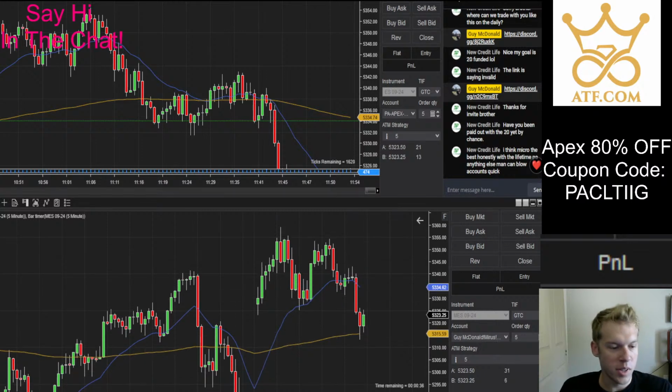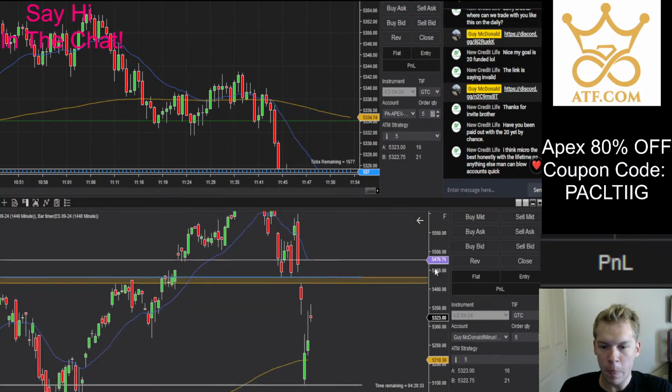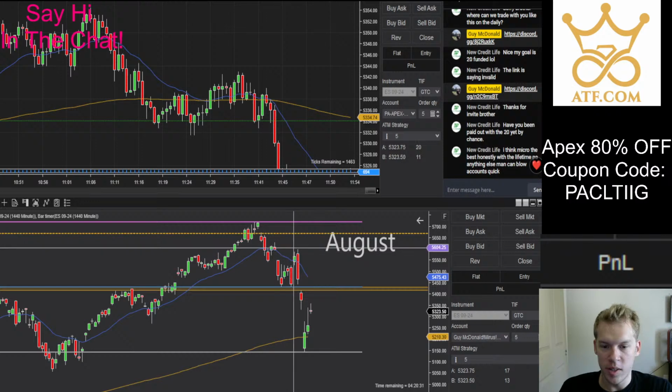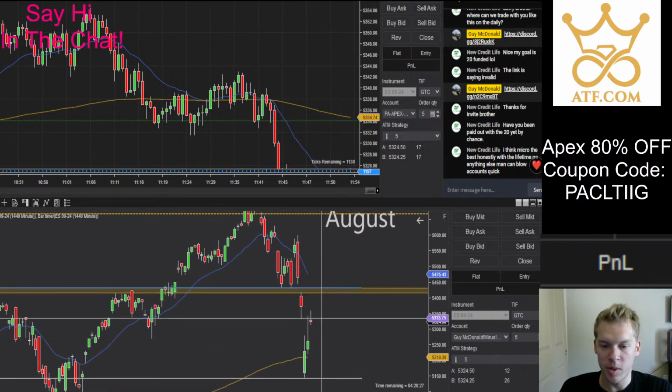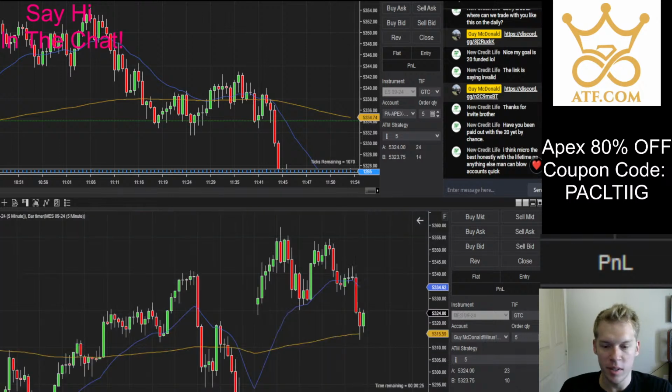So the bars the last few days, this is what the last couple of weeks have been like. Very large gaps, very large ranges. The 5 minute bar is larger too. This last bar we just had was 13 points.